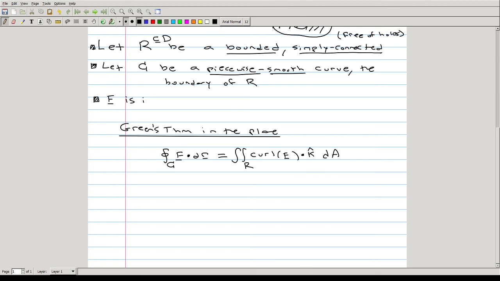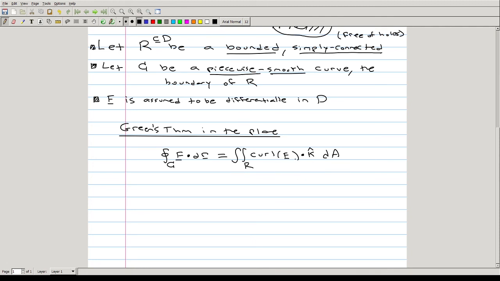F is assumed to be differentiable in the domain D, for all points in D. And this is important to guarantee us the existence of this curl.